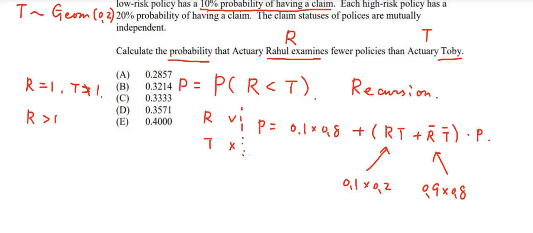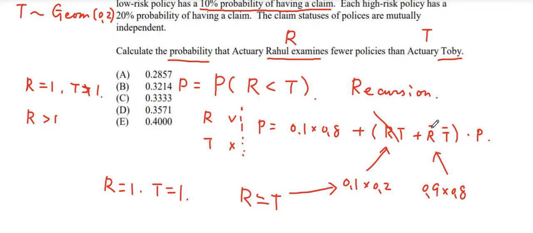But for this one, I'm sorry, meaning R equals T. Here we want to find R less than T. So here actually this is R equal 1, T equal 1, so this is R equal T. So we should remove this part. Okay.